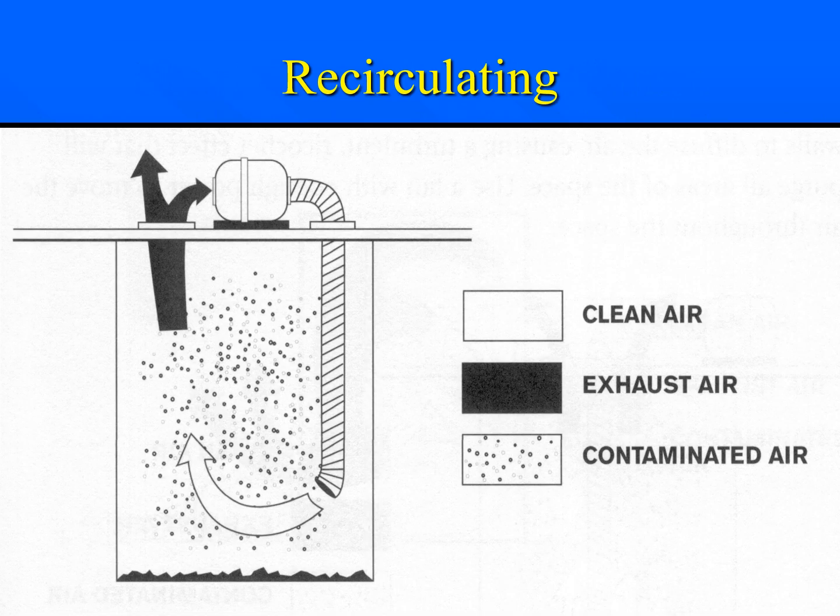This type of ventilation is called recirculating, although it's not recommended. You can see where we have the exhaust fan on top of the confined space with a tube that goes down almost to the bottom, and it uses the recirculating air. The bad part about this type of ventilation is that you can reintroduce the contaminated air.